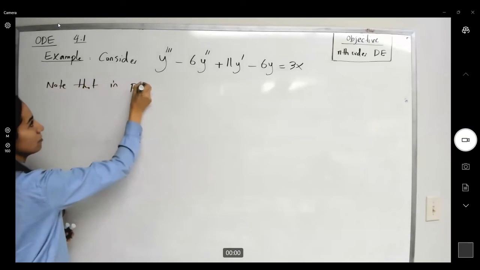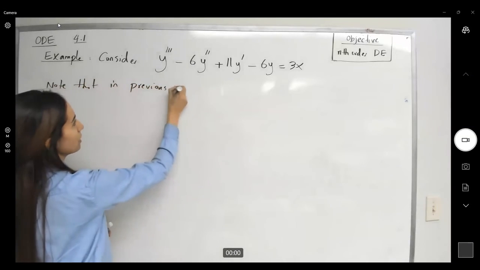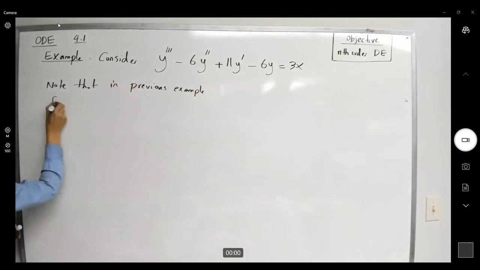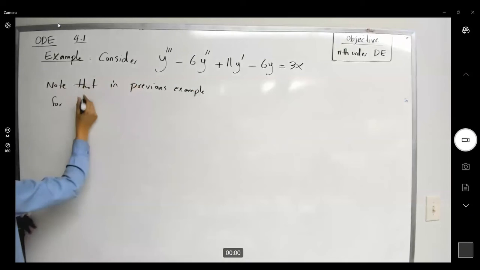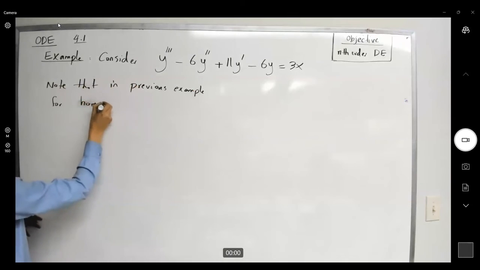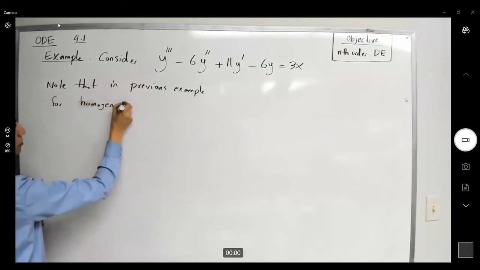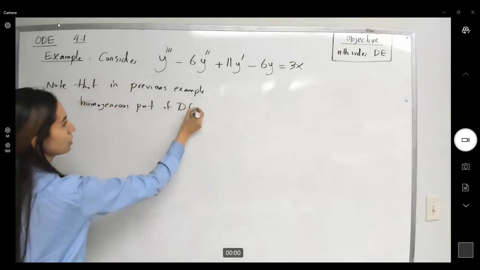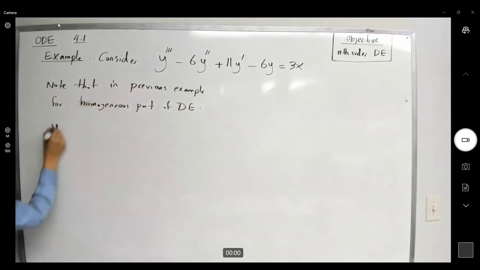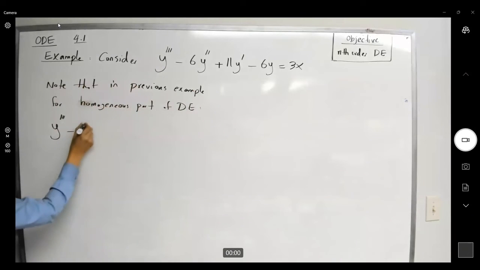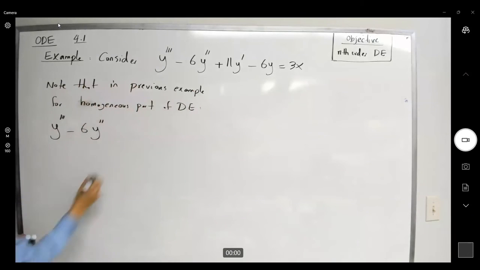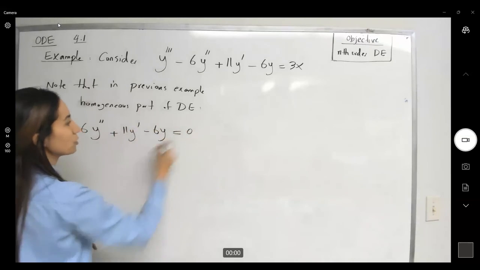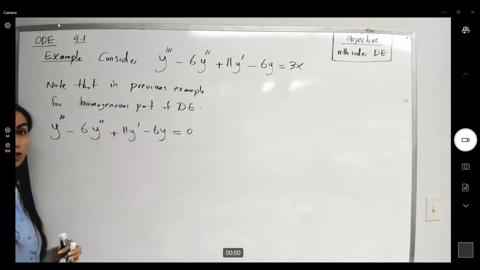Okay, very good. Note that in the previous example, for the homogeneous part of the differential equation, we have the following: the third derivative of y minus 6 times the second derivative of y, plus 11y prime minus 6y equal to 0. We found 3 solutions.